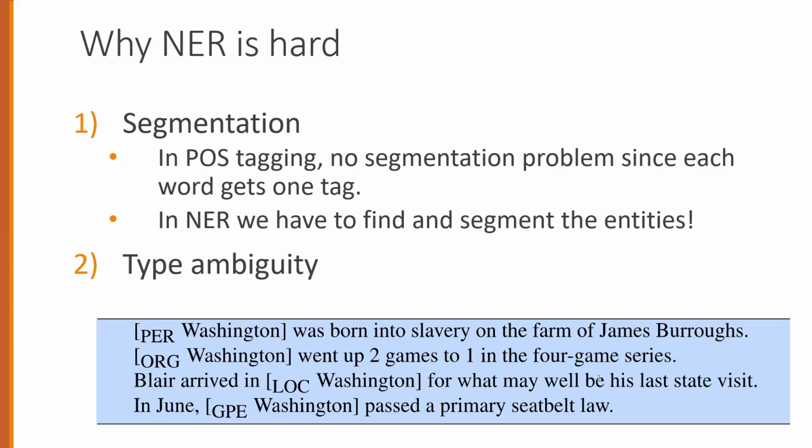Indeed, most words in a text will not be named entities. Another difficulty is caused by type ambiguity. The name Washington can refer to the educator Booker T. Washington, or the sports team, the location, or the geopolitical entity.